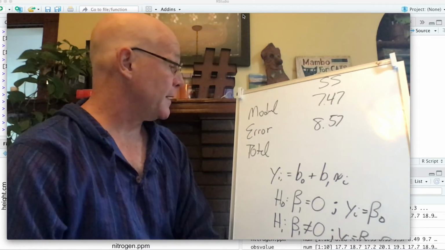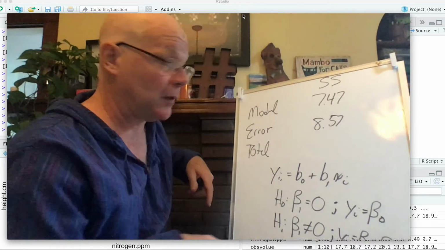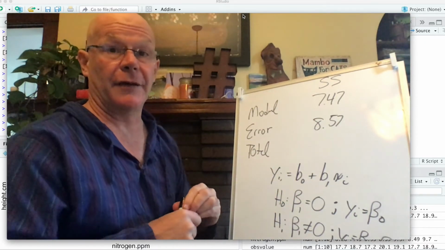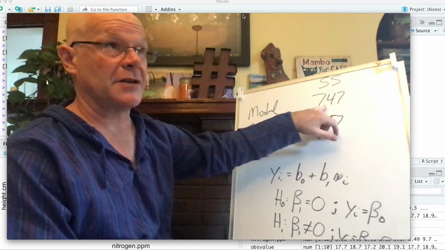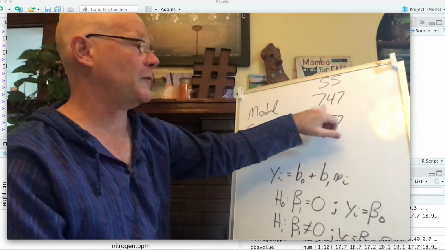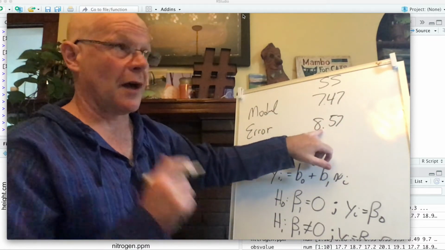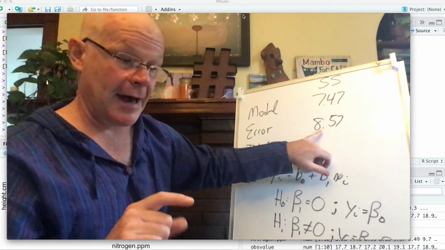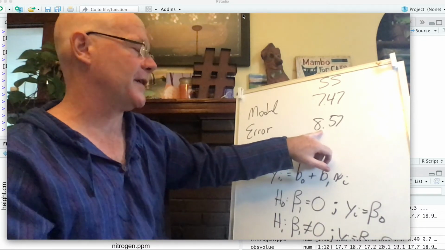So let's think about that. The first thing that we're going to need to do is construct what is called an ANOVA table. And we've already talked about how we've calculated the sums of squares, right? The model sums of squares were the squared deviations of our predicted values against the mean of the response variable. Our error sums of squares were the squares of the deviations between our observed values and our predicted values.